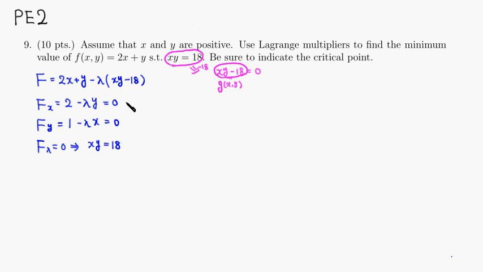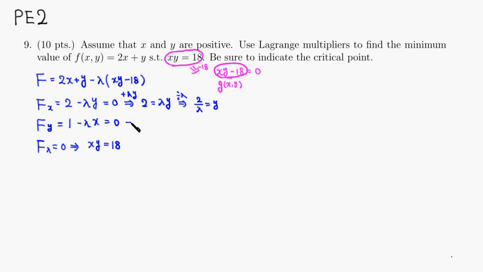Let's solve this. By adding lambda y, we get that 2 is equal to lambda y. Dividing through by lambda, 2 over lambda is equal to y.